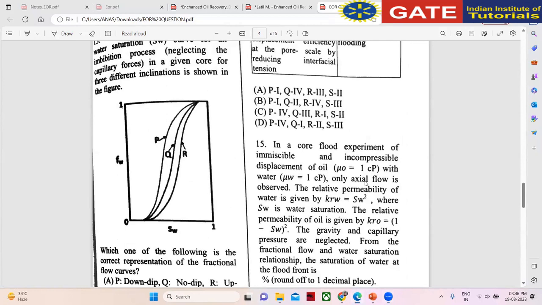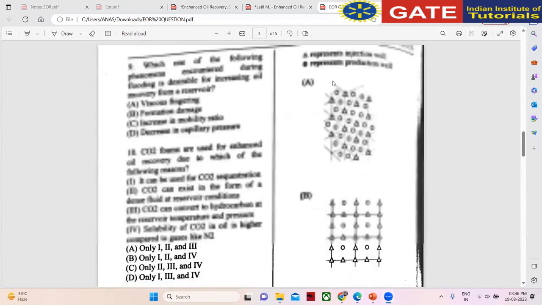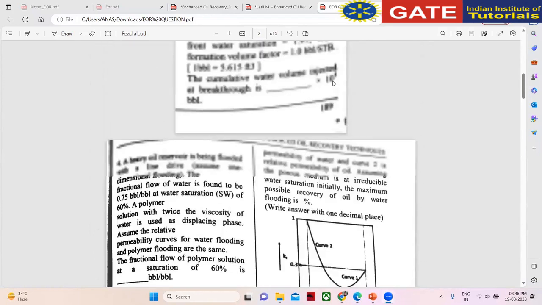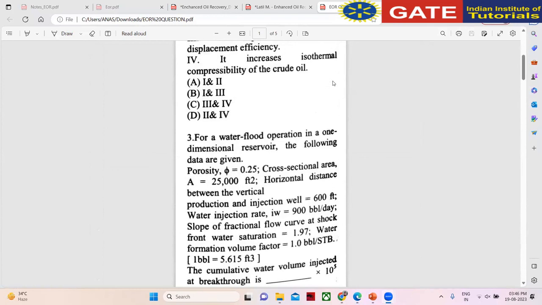If you have any doubt in any other previous GATE question, you can ask me. Okay. And all this sheet I will send you. You have to solve those questions yourself. And if you have any doubt, you can ask. Okay. So this is the first method to calculate the vertical sweep efficiency.